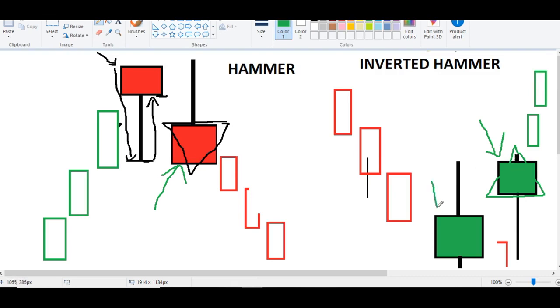Even though this one and this one indicate indecision, right? But the arrows, this down arrow is a much stronger signal and this up arrow is a much stronger signal for a reversal, right? And we'll go to charts and look at some examples, right?